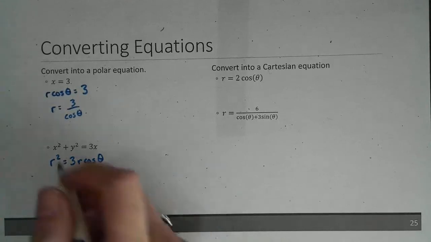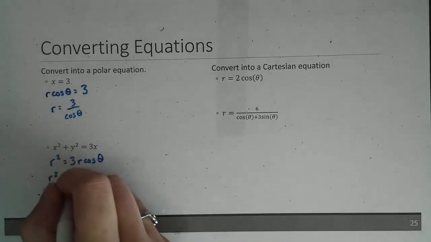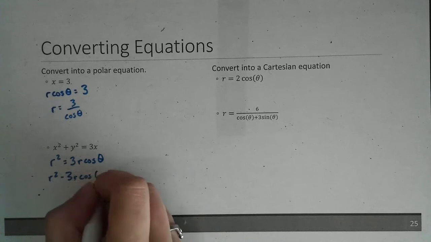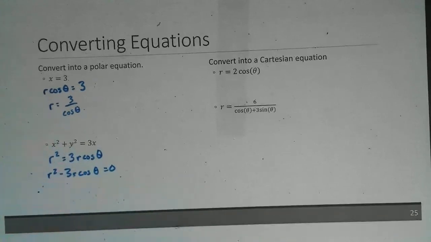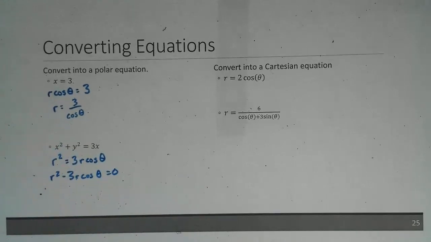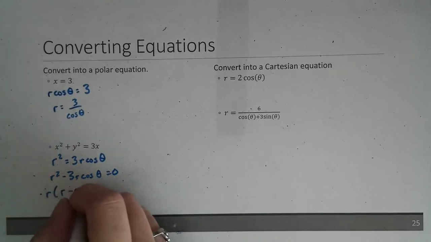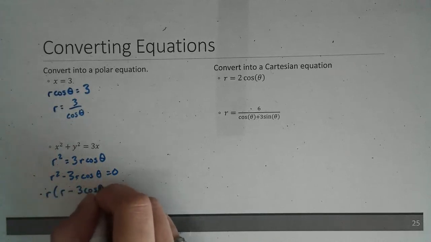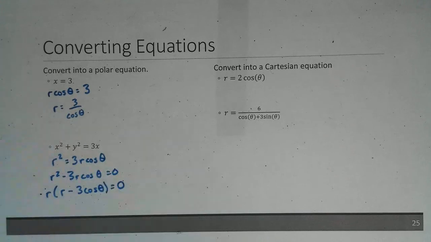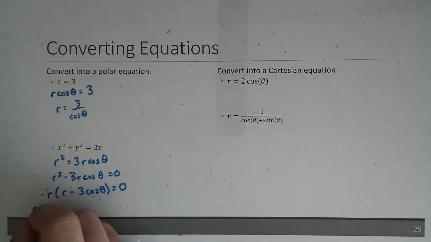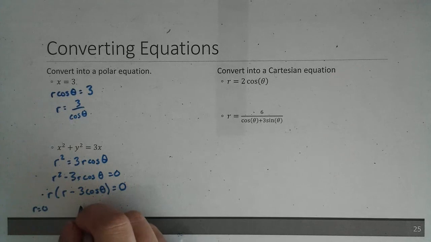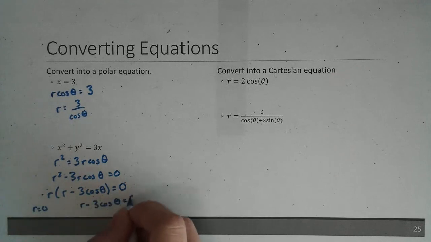I'll subtract 3r cosine theta from both sides. They now have a greatest common factor of r. If I factor out the r, then we have r times r minus 3 cosine theta is equal to 0. So either r equals 0 or r minus 3 cosine theta equals 0.